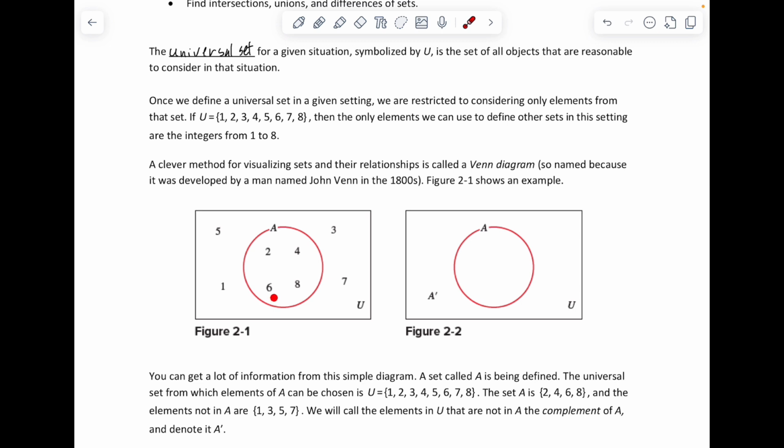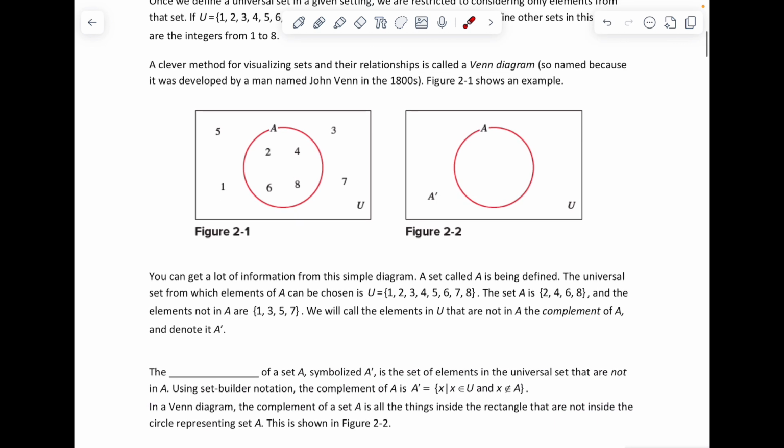So the numbers written inside the circle are the values that are part of set A. The numbers outside the circle are the numbers that are not in set A. Those represent the complement of A. So we'll say the complement of set A, symbolized A prime, is the set of elements in the universal set that are not in A.